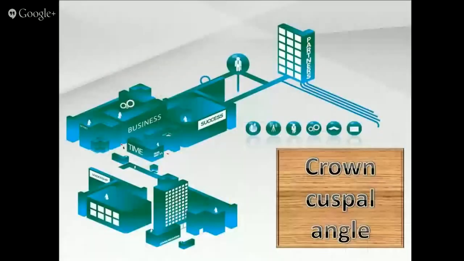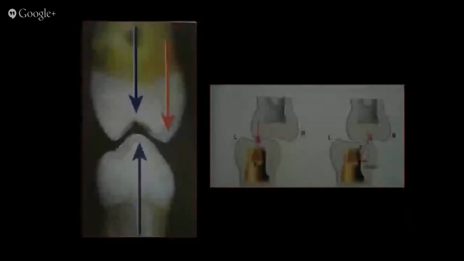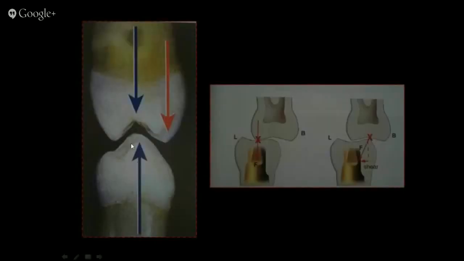Coming to the crown cuspal angle, the concept again remains the same as far as complete denture goes. Why? Because we want axial loading. We want the forces to act along the long axis. Now, when they act along the long axis, I have to imagine the cuspal morphology of a tooth. If this is my tooth, what do I see?